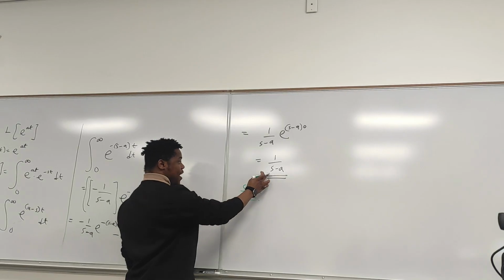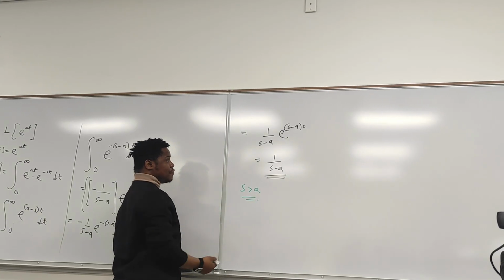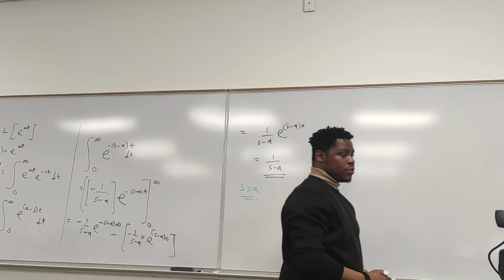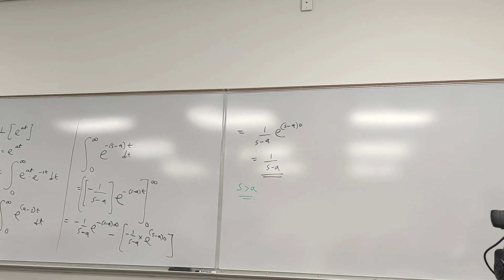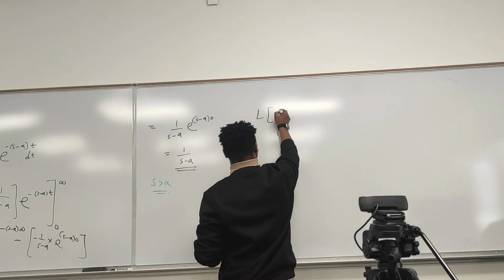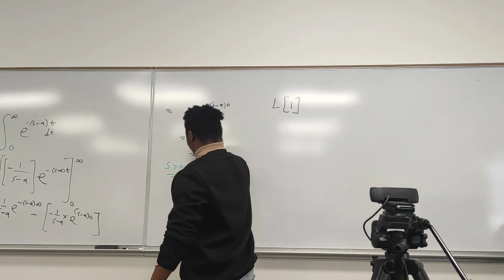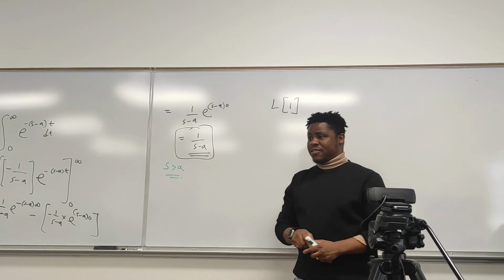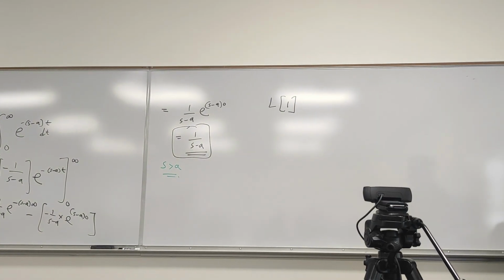If s is less than a, this will be negative, and if you have a negative exponent, it's divergent. So s is greater than a for this condition. So this is the first one we've derived: the Laplace of exponential at is 1 over s minus a. This function is very important because we're going to use it a lot.